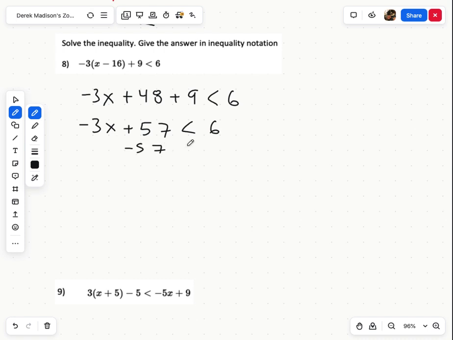So we'll subtract 57 on both sides here. Boom, boom. That's going to leave us -3x is less than -51. And then there is where I am dividing by -3. So again, once we see that, be suspicious that this is probably coming up.